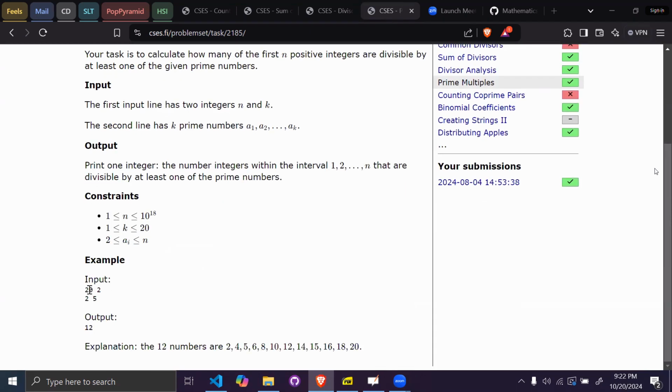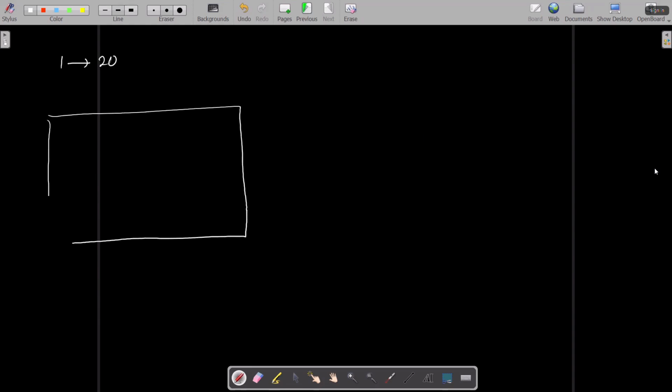So we have n = 20 and primes 2 and 5. What you should do is find how many integers from 1 to 20 are divisible by at least 2 or 5. So this is the sample space, where you have all the integers from 1 to 20.